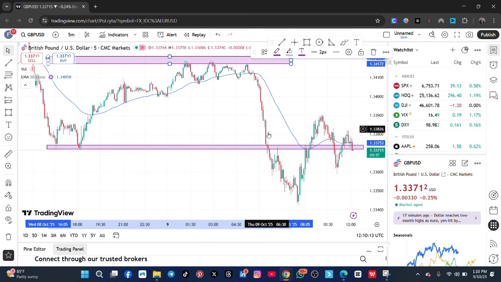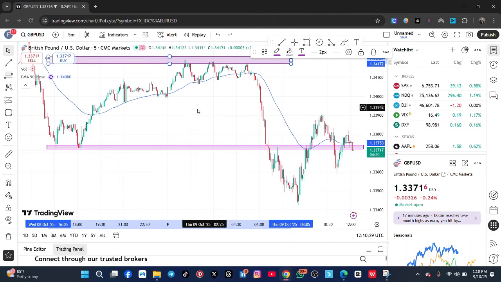It fell directly back to the support, broke down the support, returned back to the support, and then came up again. Just see how the price is behaving around this particular support, and also here as well.